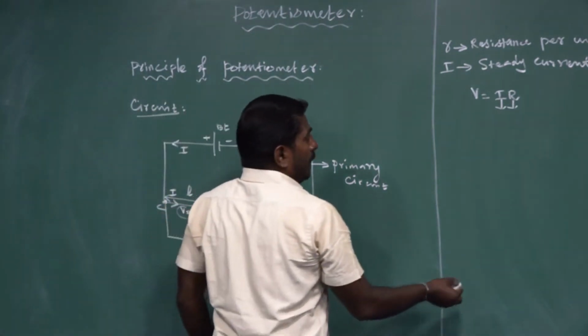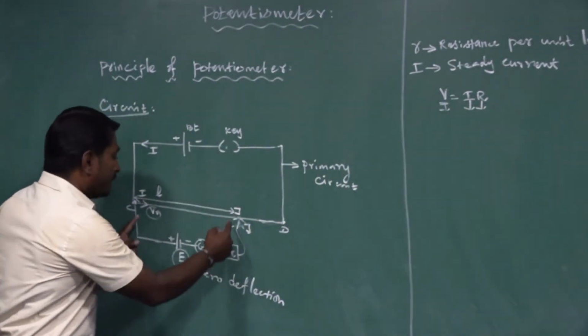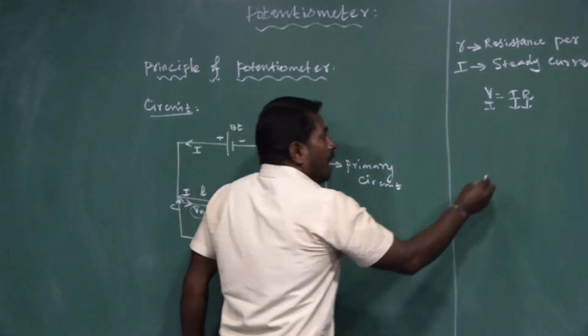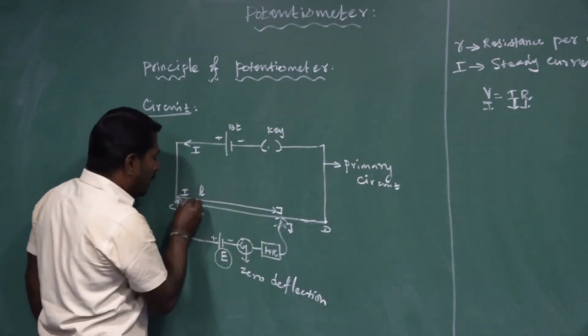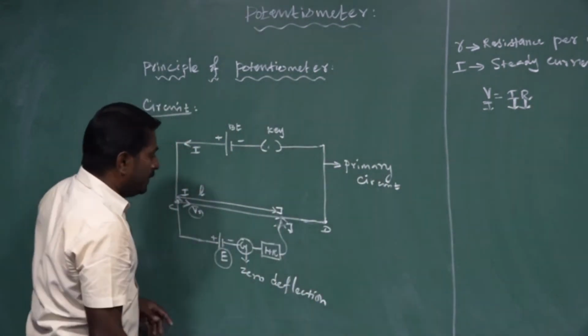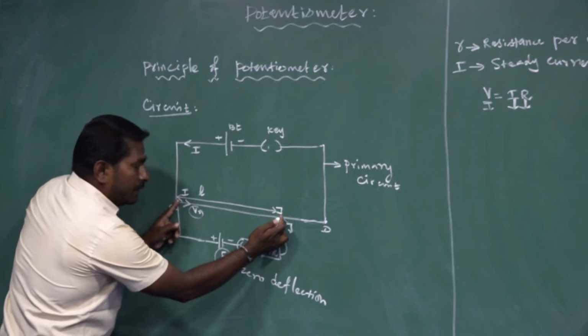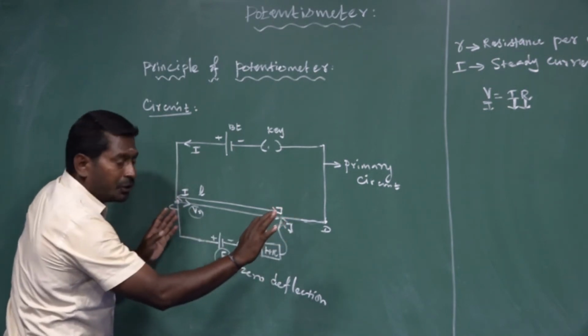By using Ohm's law. V is the potential difference across this balancing length. I is the steady electric current through the potentiometer wire. R is the resistance, but we need the resistance of this segment only, not the resistance of the entire potentiometer wire.